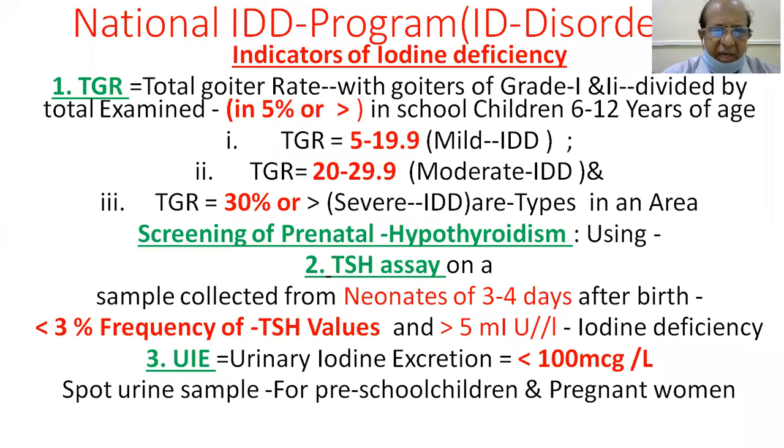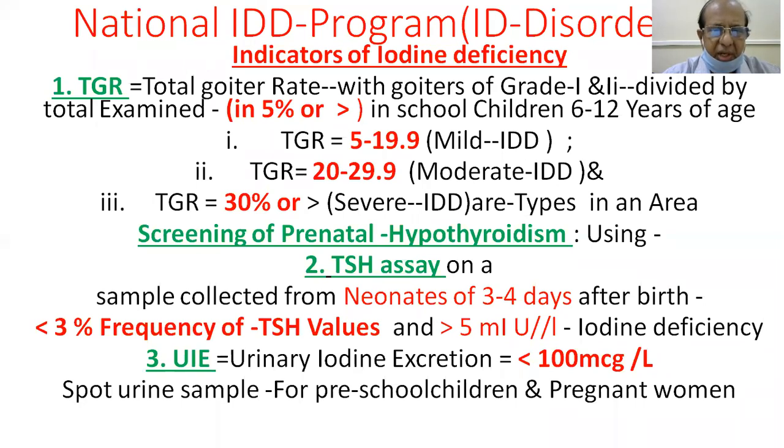So that is the iodine deficiency. It is more than 5 milliunits per liter or less than 3% frequency of TSH values. So this is the classification, the definition of prenatal hypothyroidism screening by TSH assay.